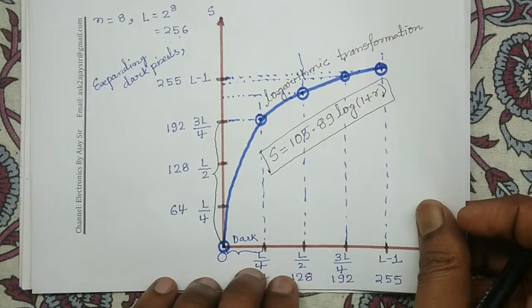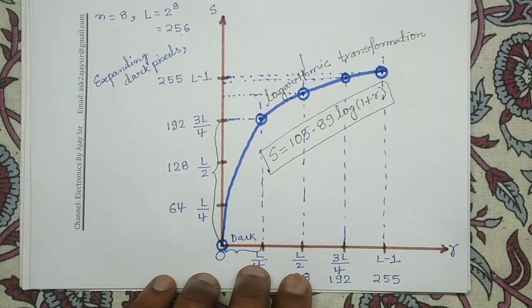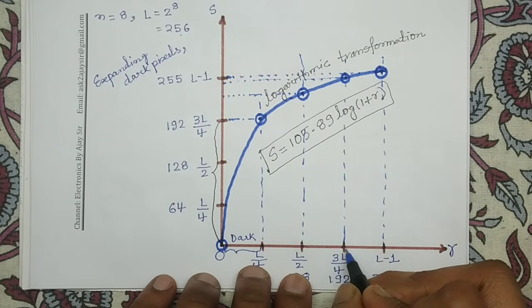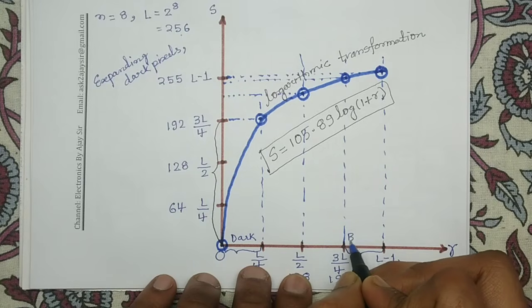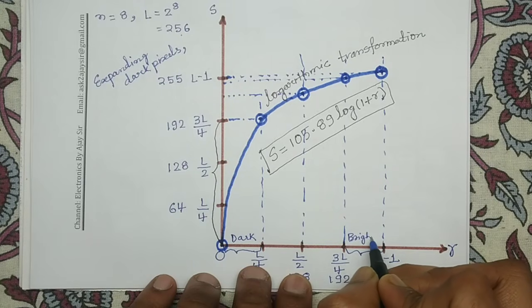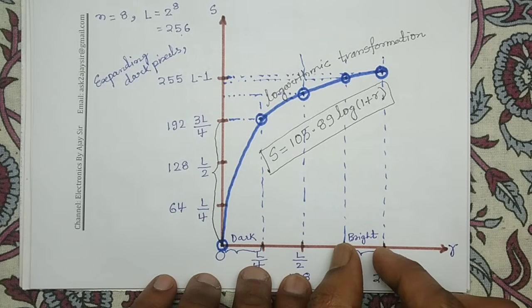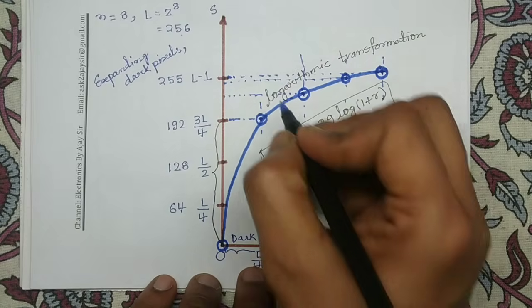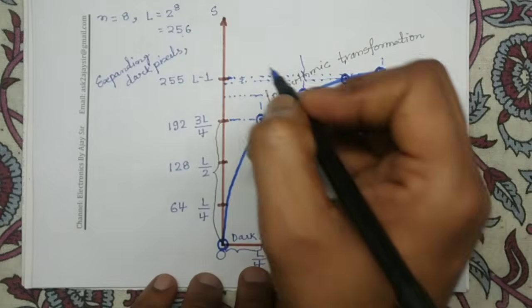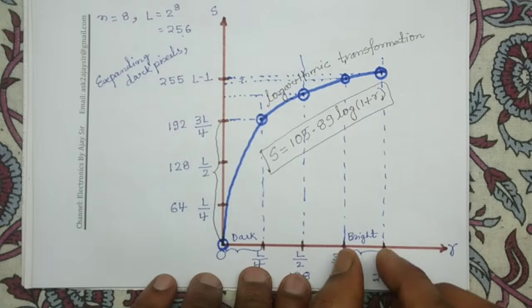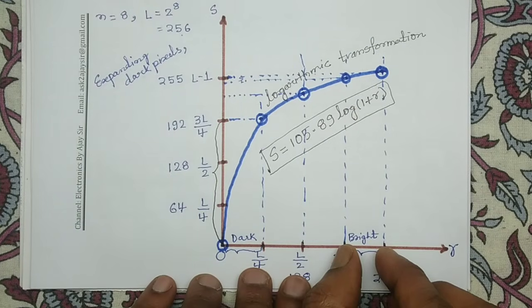So in the plot also you can see, when r varies from 192 to 255, this is my bright region. In the input my difference is 63, and in the output my difference is only 13. So in this case, I am compressing my bright pixels.